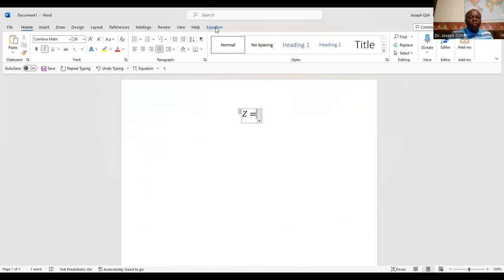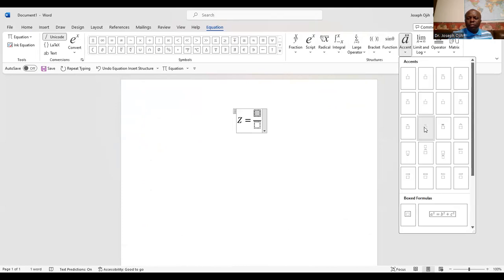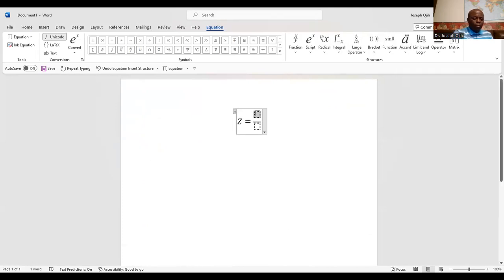We have X bar minus the population mean, which we can get from here, divided by the standard deviation over root n, over the square root of n.